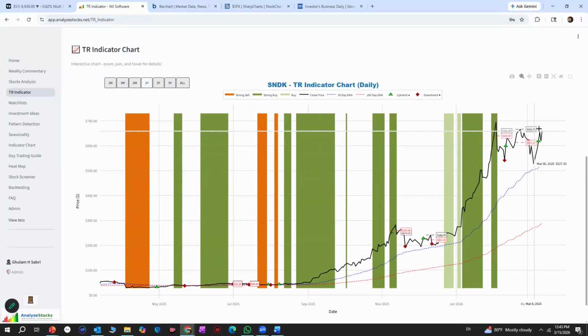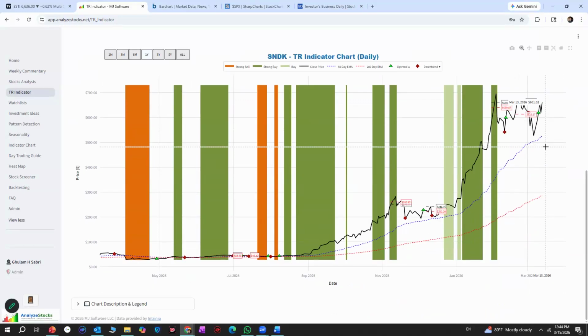Now it is going back and forth. Why is it consolidating? The market is not favoring, but even then it is strong. That's why its relative strength is quite high. Okay, so this is one of the very good stocks, a good candidate to buy when it comes close to this 50-day line, like this point, like this point. And that is where we should go for this instead of chasing them at high levels.